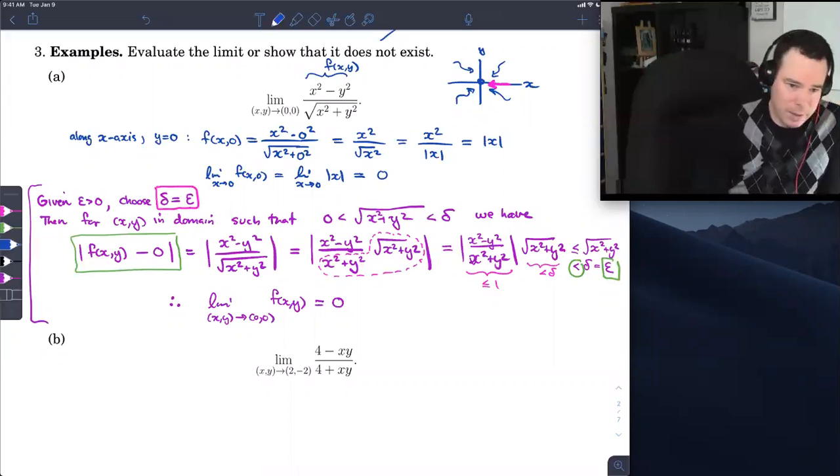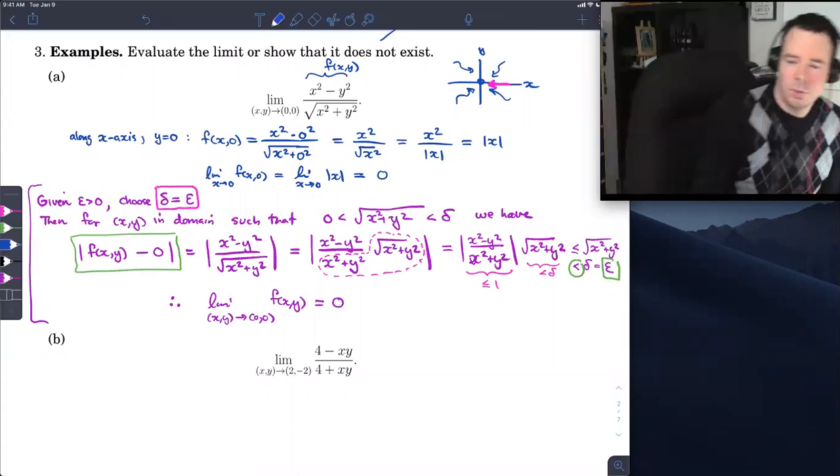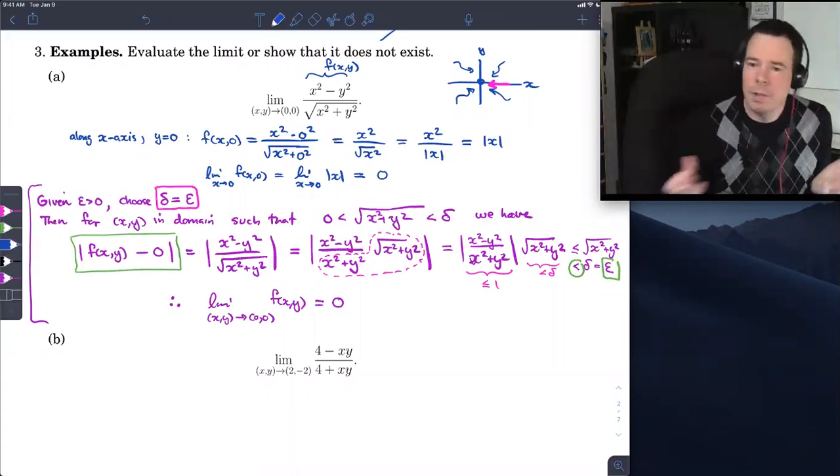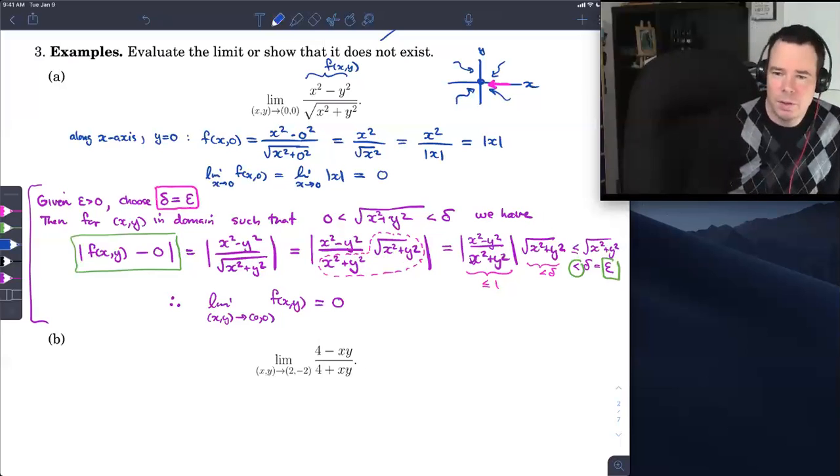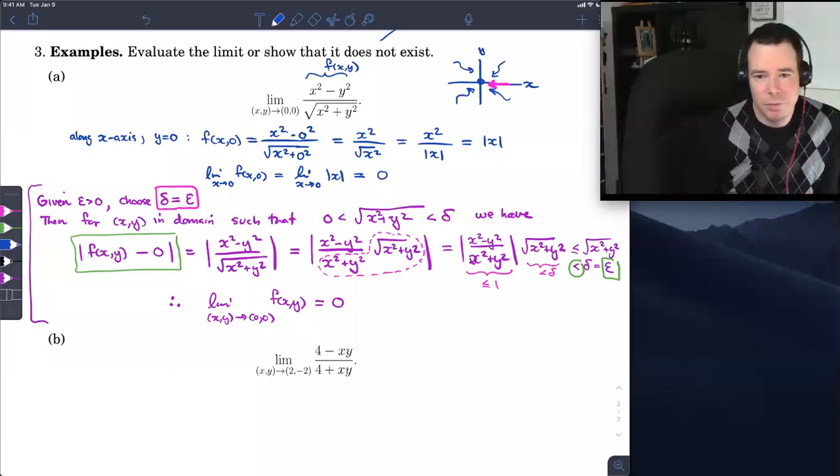What's the limit as xy goes to 2 comma negative 2 of this function? So we can do the same kinds of things we did in Calculus 1. If you think about how you worked out limits in Calculus 1, probably the first thing you did was just, let's plug it in and see what happens.